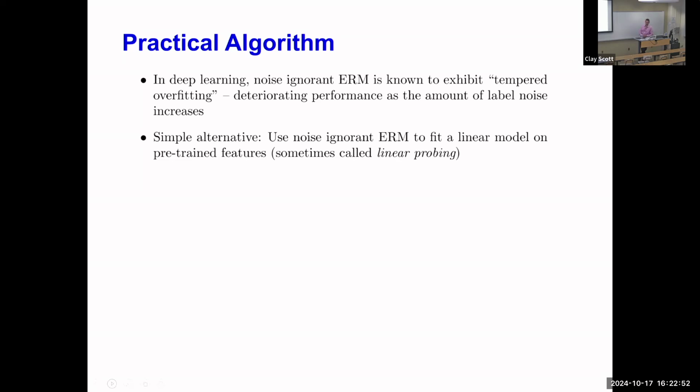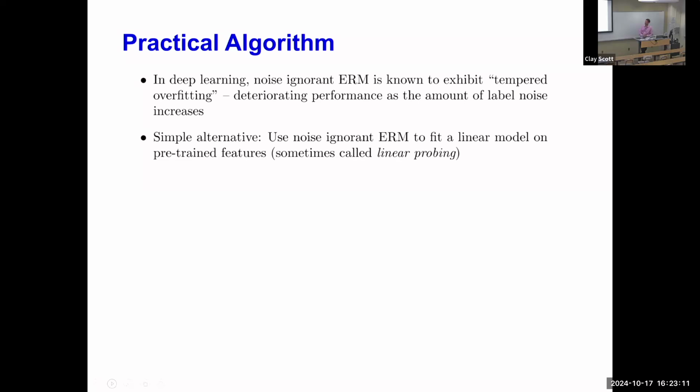So a simple alternative is to use noise ignorant ERM to fit a linear model on pre-trained features. This is sometimes called linear probing, although if you search on linear probing, you get something to do with hash tables, nothing to do with machine learning. Some people call it linear probing.